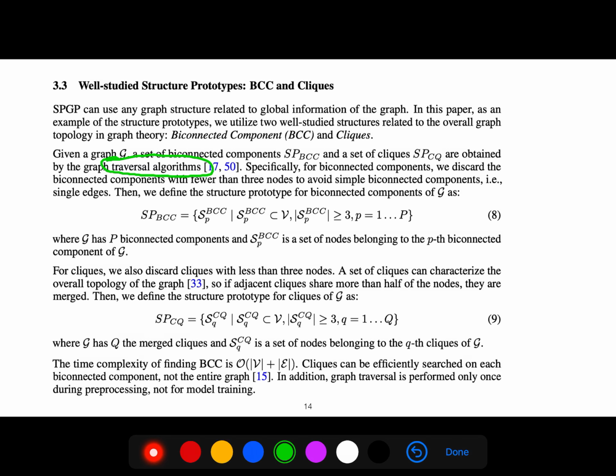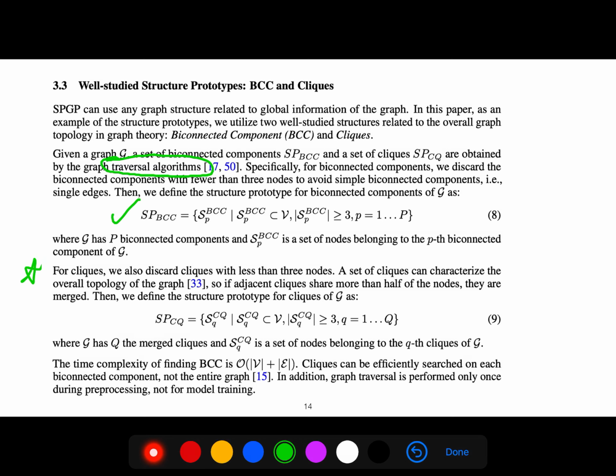Then for bi-connected components, we discard the bi-connected components with fewer than 3 nodes to avoid simple bi-connected components, for example, single edges. Now we define the structure prototype for bi-connected components like this. This is the structure prototype.